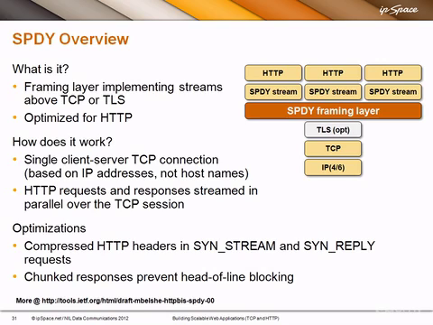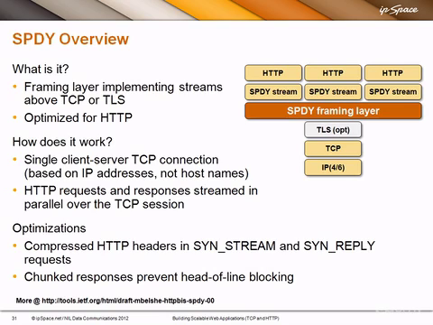So the tricks where you would use 10 different host names to open multiple TCP sessions to the same host don't work with Speedy. Speedy sessions are based on IP addresses.